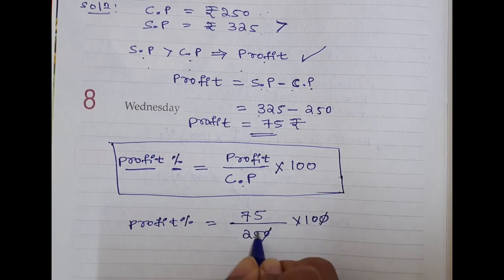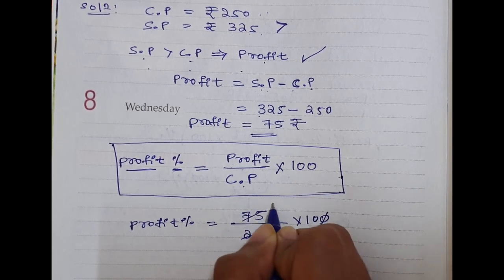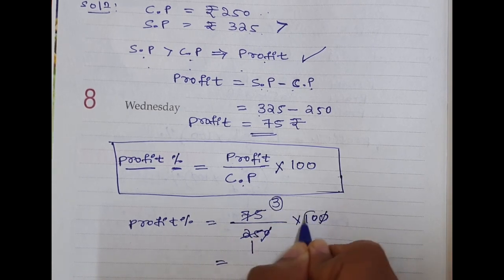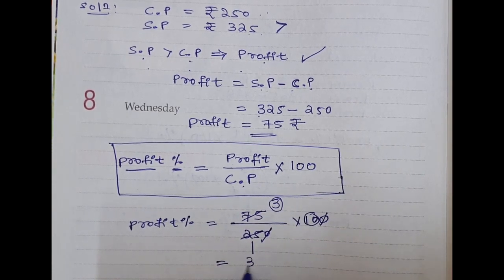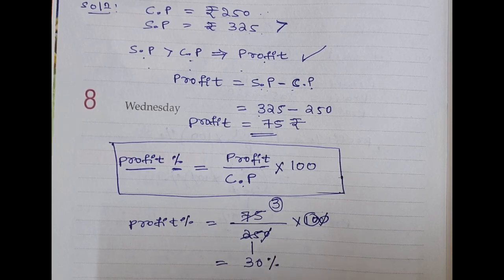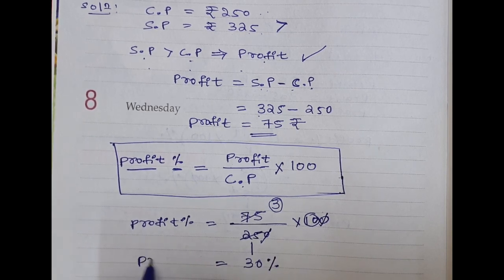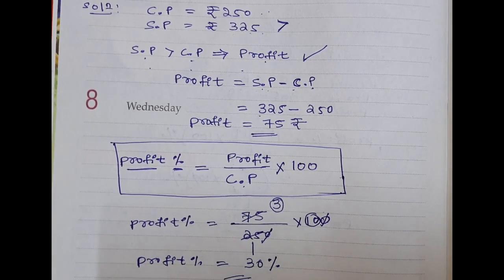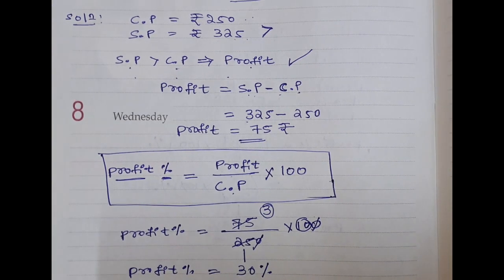This 0 got cancelled. 25 ones are 25, 25 threes are 75. So the answer is 3 into 10, which is 30. And what is the unit? Unit is percentage. Profit percentage is 30%. Now, let us move to the next one.